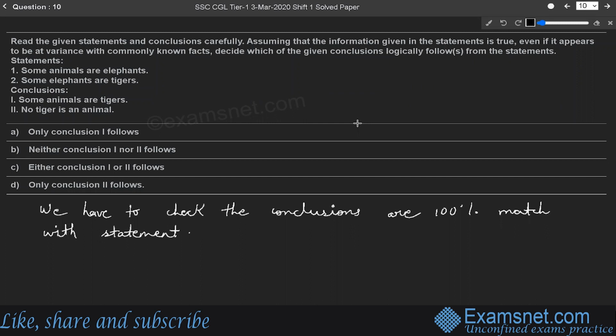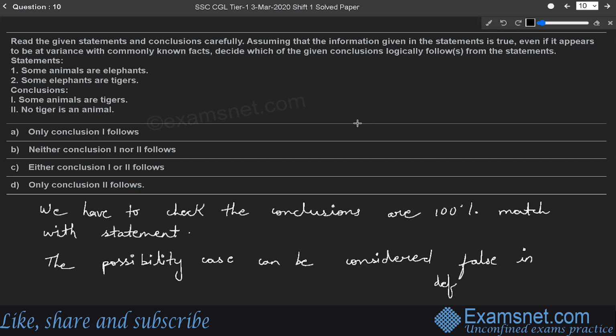And if there is a single 1% chance of not following the statement, then the conclusion is considered to be false. Also, the possibility case can be considered false in a definite case.